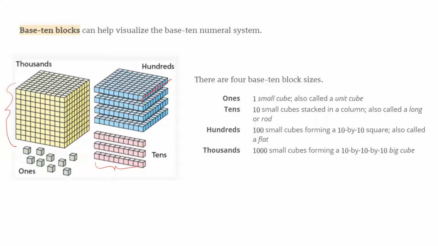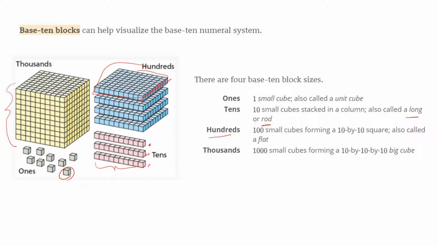Okay, so again, this is our unit cube, or small cube. We put 10 together, call it a long, or you can call it a rod. Put 10 of these together, and you get one of these.